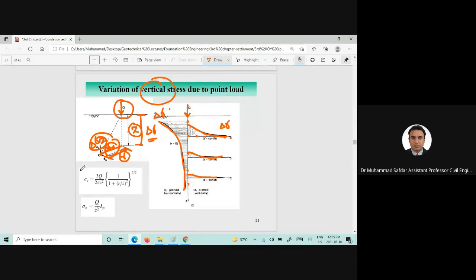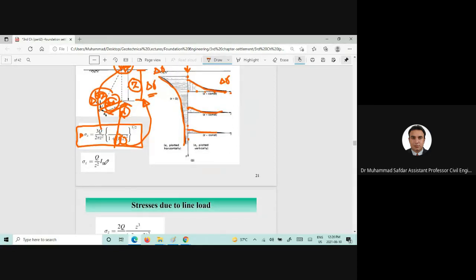If you want to find the stress increase delta sigma, you can use this equation in which Q is the point load, R is the distance away from the central line, and Z is the depth of interest at which we want to find the stress increase. Researchers proposed an influence factor: this particular term, 1 divided by (1 plus (R by Z) squared) to the power 5 by 2.